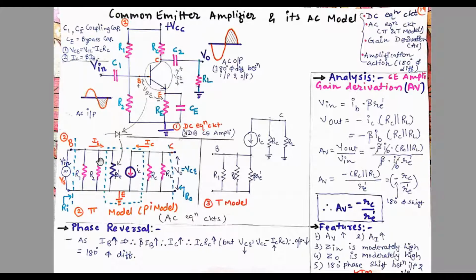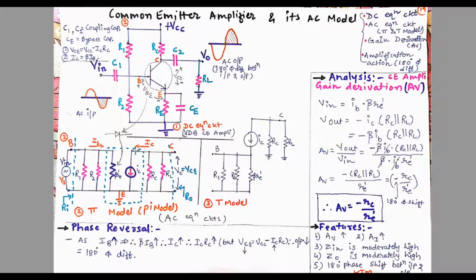AC model, the pi model, is the standard model. So for AC analysis, all formulas can be written directly from this. V in, as all of you know from Ohm's law, is I into R. So that is IB into beta Re dash. Now what is V out? Output voltage. Come to the pi model circuit.